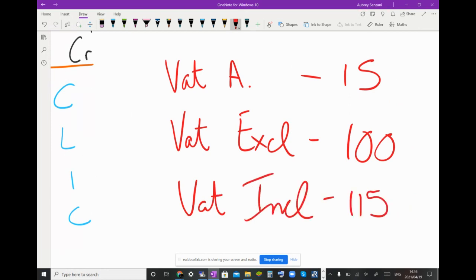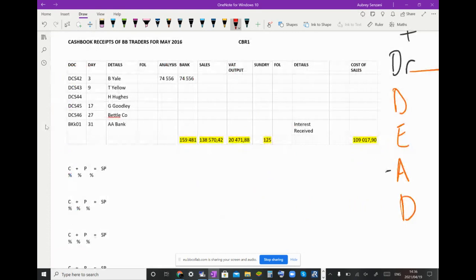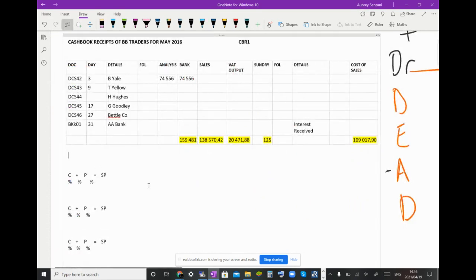So what we want is this, the VAT exclusive, so we can put it into sales. What we have, however, is the inclusive. So what do we need to do? Get the exclusive. How do we do it?